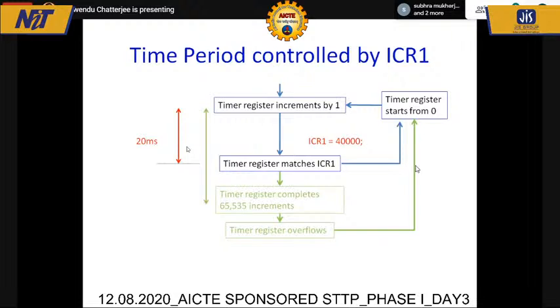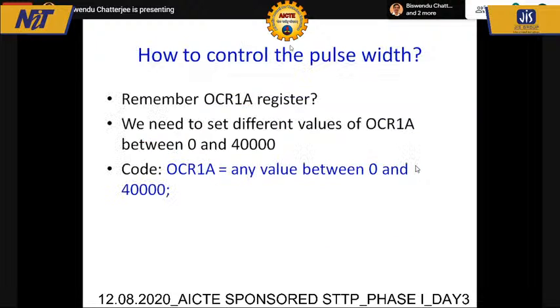So let us move on to the next part. How to control the pulse width? Remember that OCR1A register. Now this register ICR1, we have already set to 40,000.